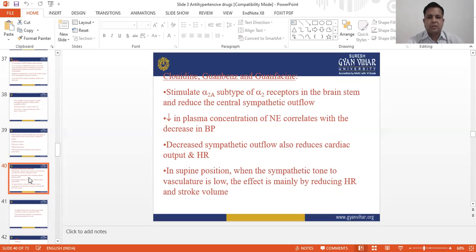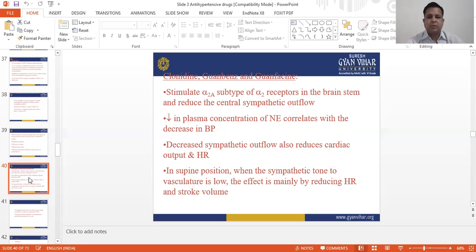The reduction in plasma concentration of norepinephrine correlates with the decrease in blood pressure. Decreased sympathetic outflow also reduces cardiac output and heart rate.